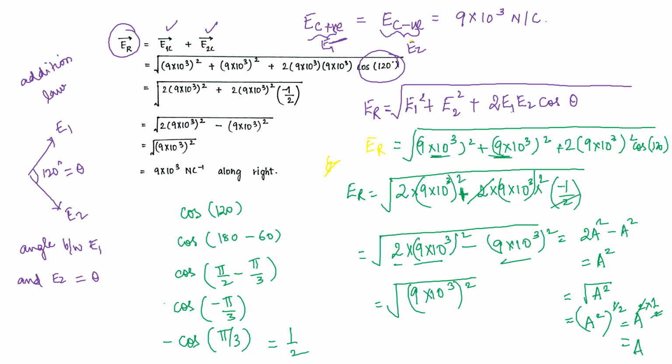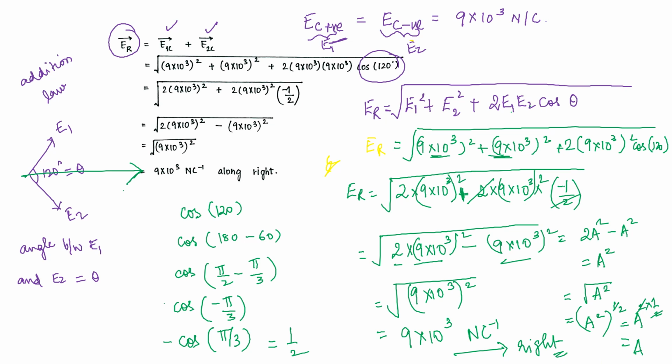So similarly we apply this over here, and the final answer we get is 9 into 10 to the power 3 Newton per coulomb along the right direction. See the purple diagram, in this direction. So that is how we will find the electric field when we are given an electric dipole.